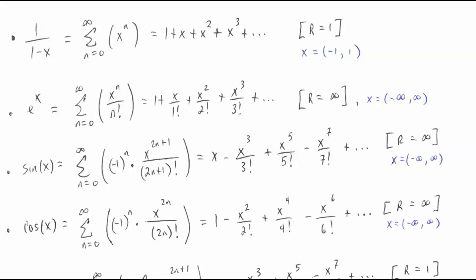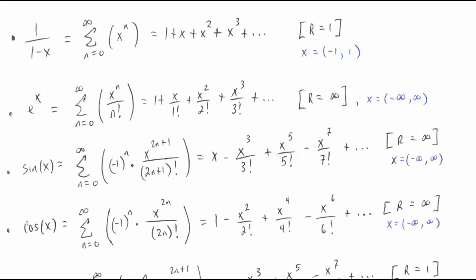And our first term is 1. Of course, the radius of convergence for this one is 1. And since we're centering this particular Taylor series around 0, then of course, as long as we choose values in between -1 and 1, this particular power series will converge.